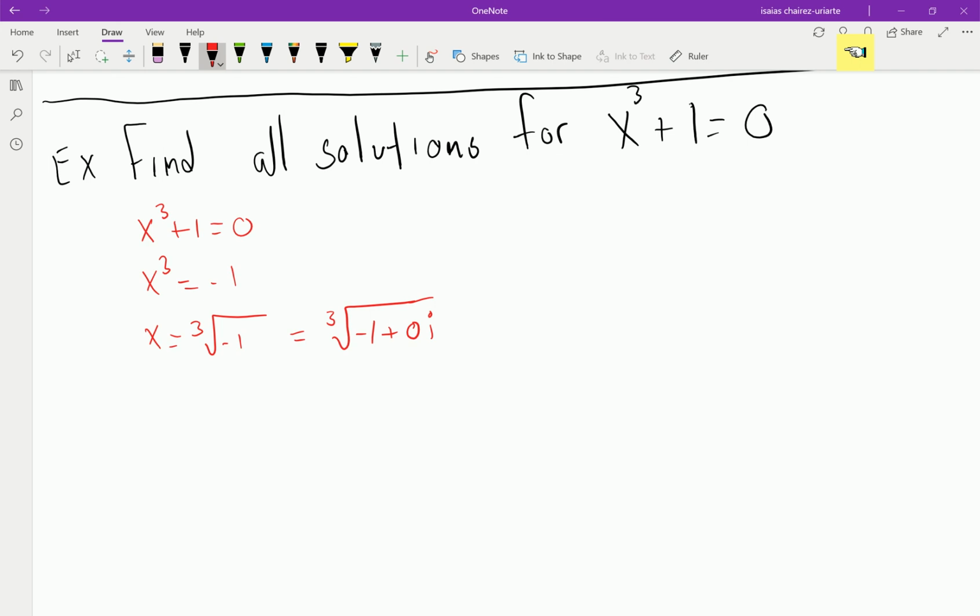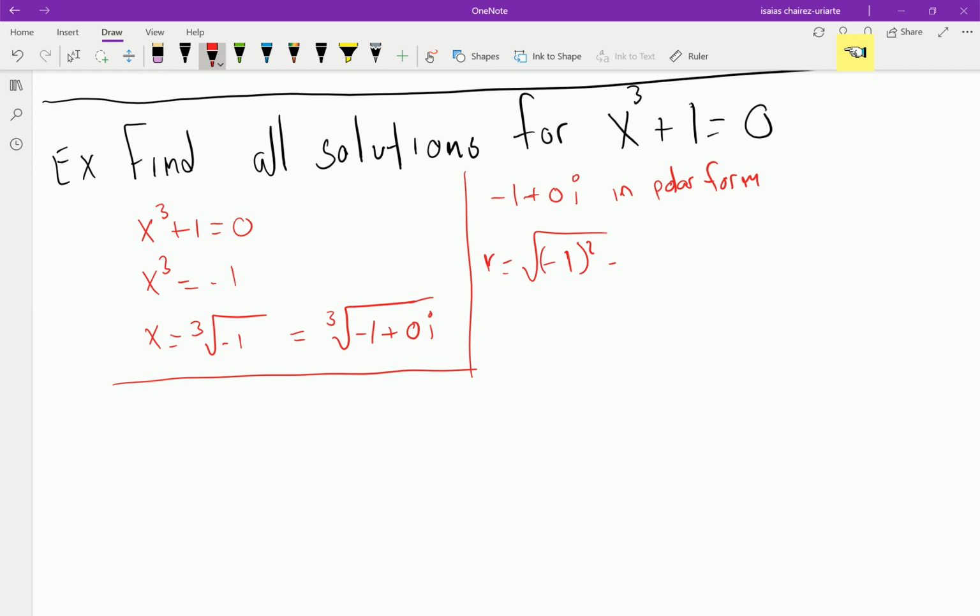Now I am going to try to express the complex number negative 1 plus 0i in polar form. My r is going to be the square root of negative 1 squared plus 0 squared. That's just the square root of 1, so 1.